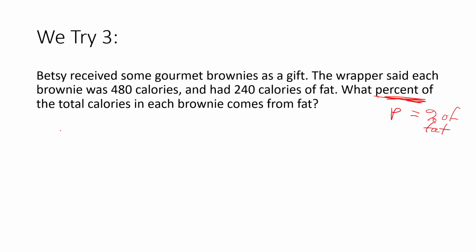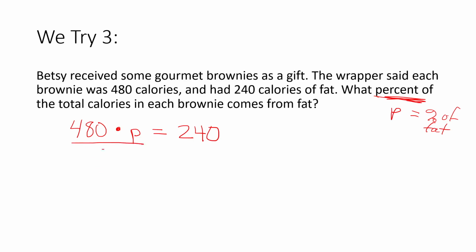So let's set up our whole thing. I know that, let's see, 480, the total, times the percentage from fat will equal the amount of fat, calories from fat, 240. So how do I solve this?